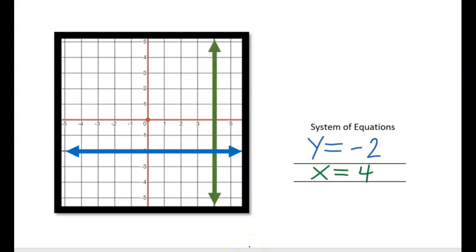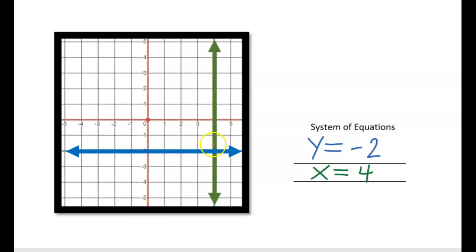Now, I didn't ask this, but these two lines, the green and the blue lines, are perpendicular lines because they cross at a 90-degree angle. This is the symbol for a 90-degree angle. Little box.